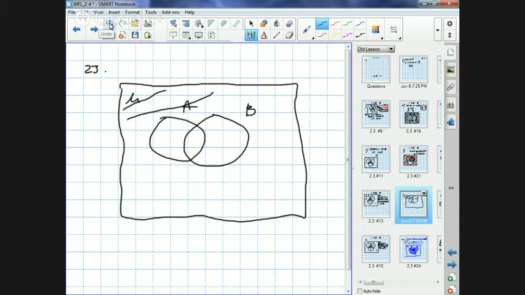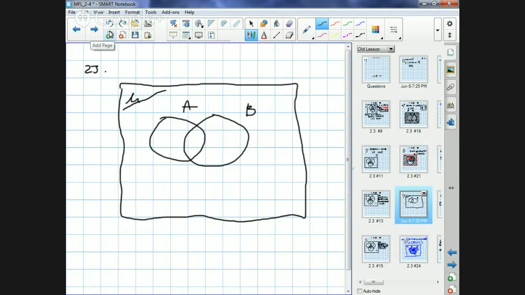So then, let's see, 23. And means intersects. And then where it intersects is the... Sorry, I can't draw very well with this. Let me try. I have to use my pen here.